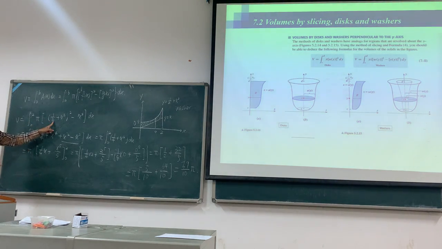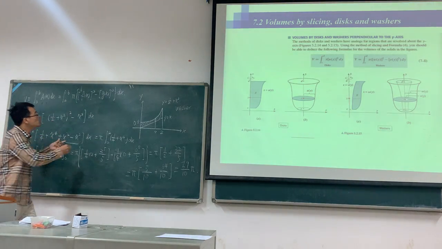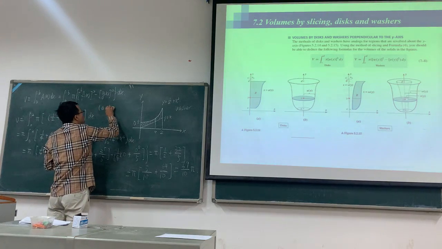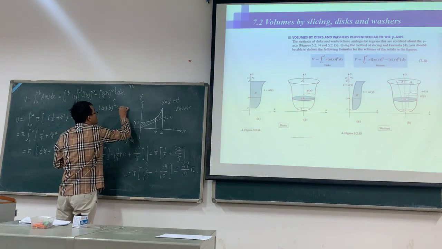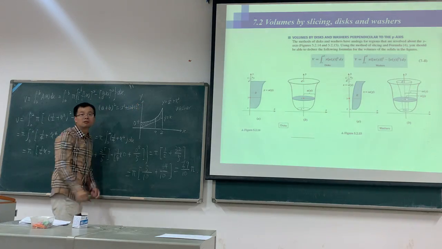Open it, so this square is 1 over 4. This square, x squared squared, is x to the fourth power. So 2 times 1/2 times x squared is x squared. You know (a plus b) squared equals a squared plus 2ab plus b squared, yeah?